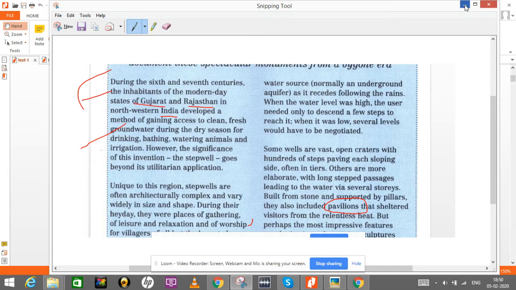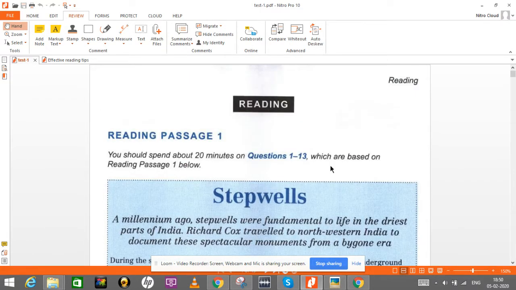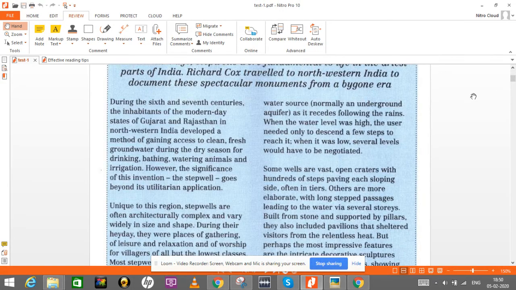Okay. Some people may like to jump onto the passage which they are already familiar with. Let's say Step Wells. We know this Bowery thing, so it is familiar to people in India. So if any student is familiar with this task, he may like to proceed with this task.